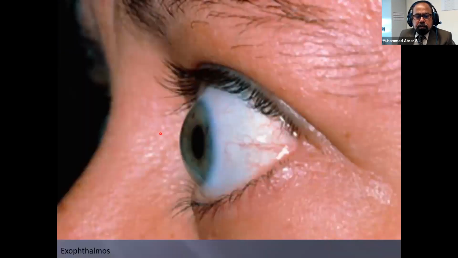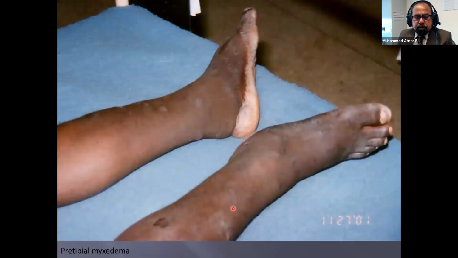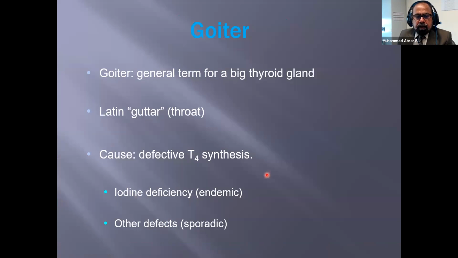You see the eyeball is pushed out, and you see a staring gaze, and this is pretibial edema. And finally, a few words about goiter. Basically, goiter means enlargement of the thyroid, and there is a defect, either iodine deficiency or other defects.